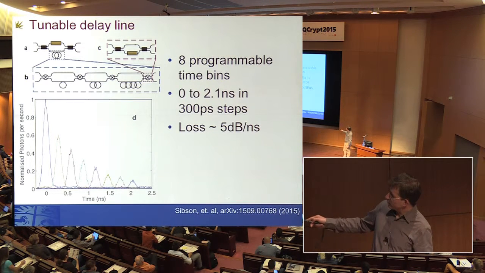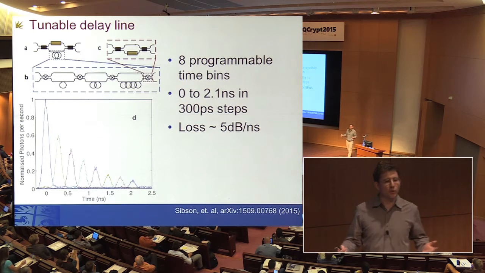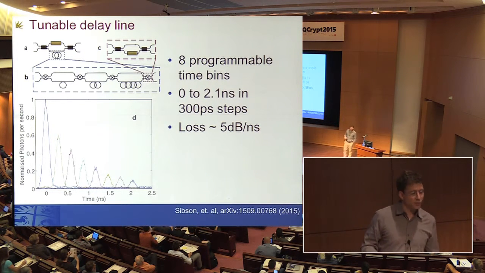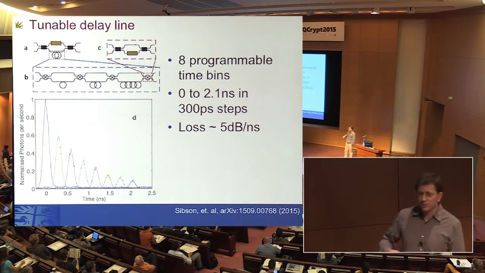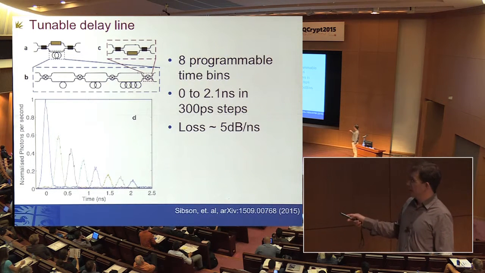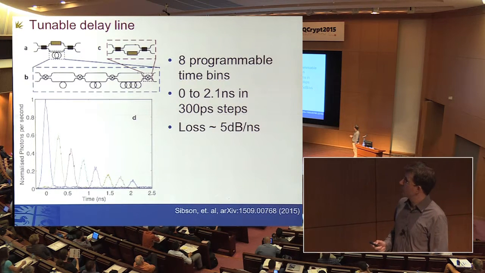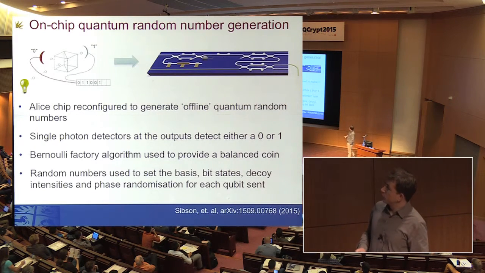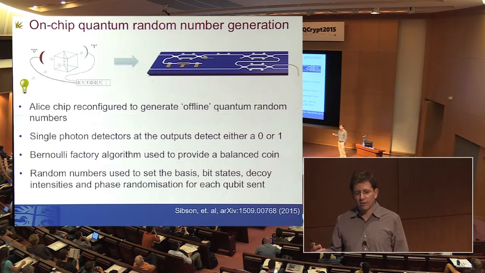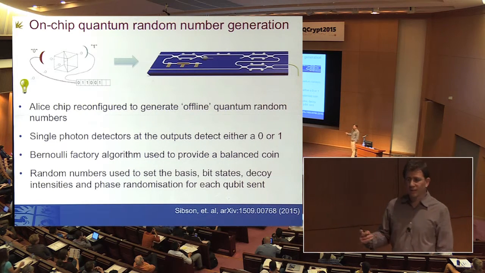So you can see the 8 separate time bins here. The longer the delay, the more the loss, because obviously the more waveguide it has to go through on chip. And we can program this to dial up any delay that we want between 0 and 2 nanoseconds with 300 picosecond steps.